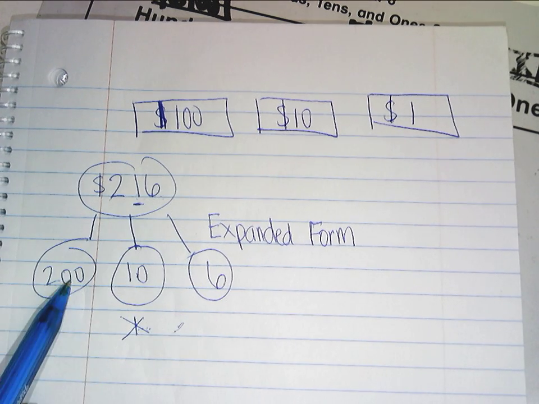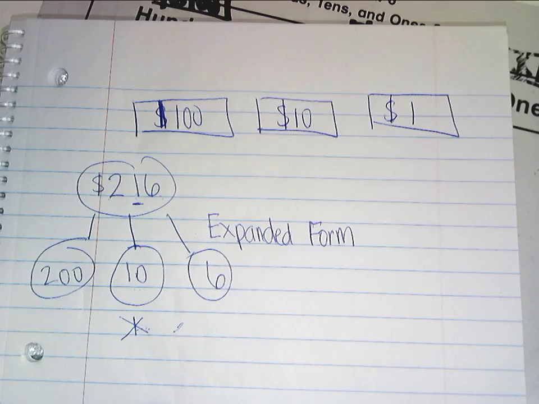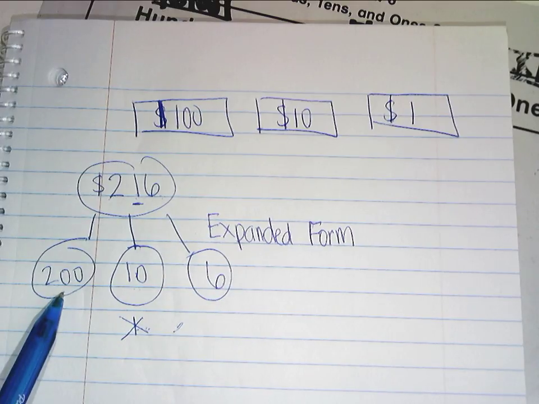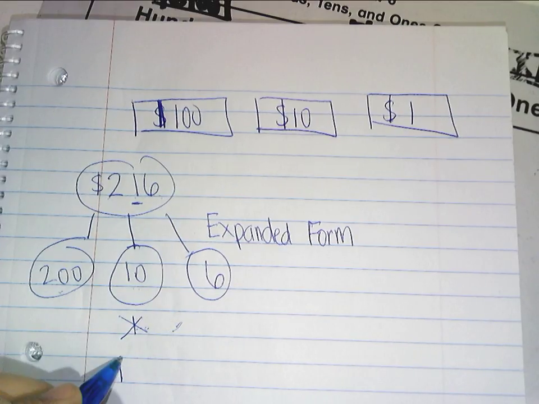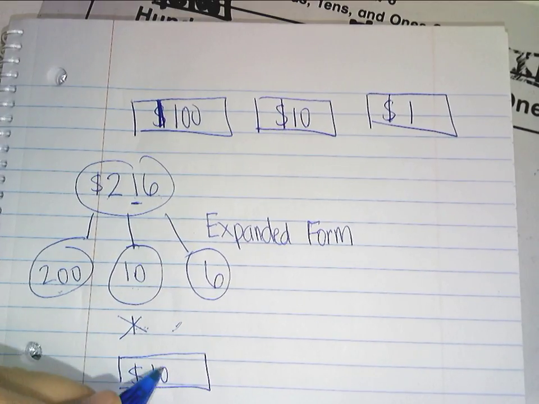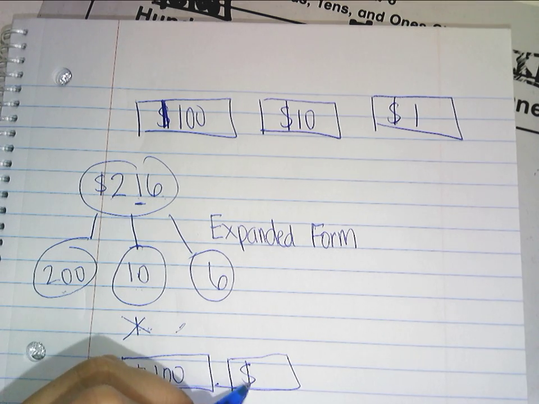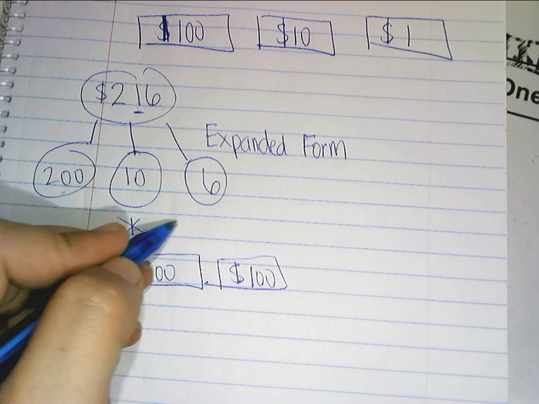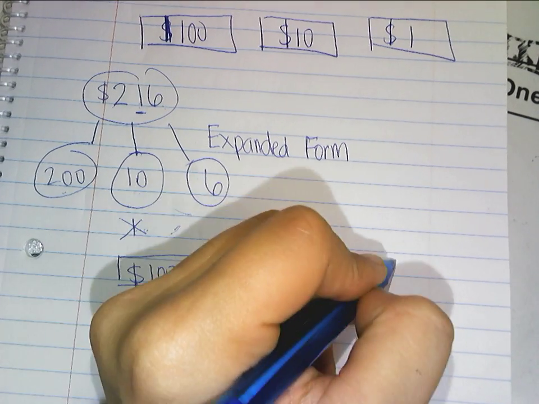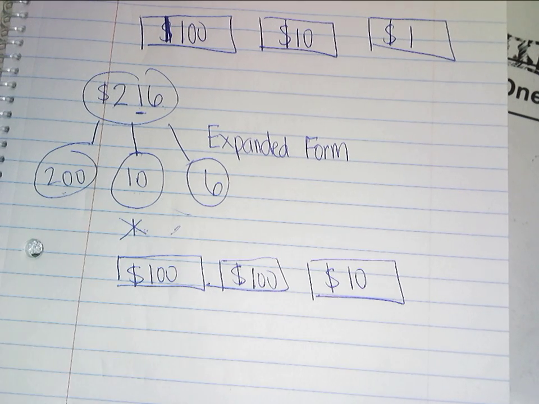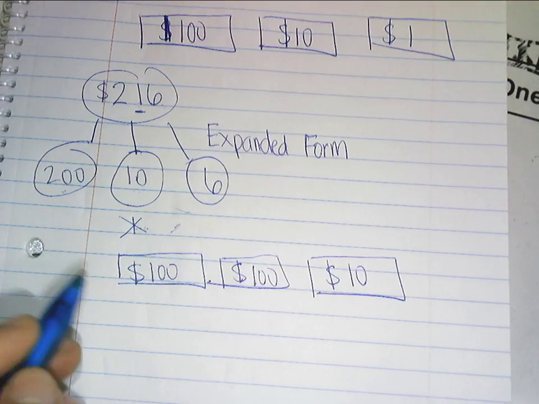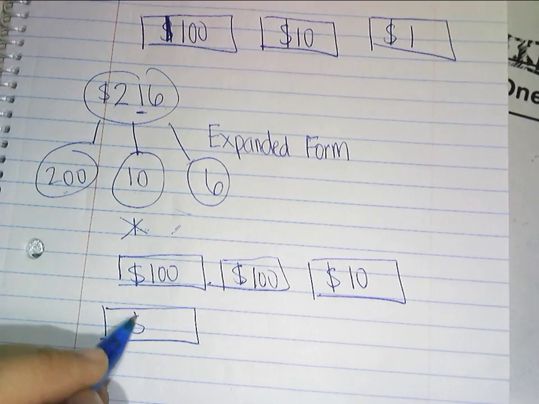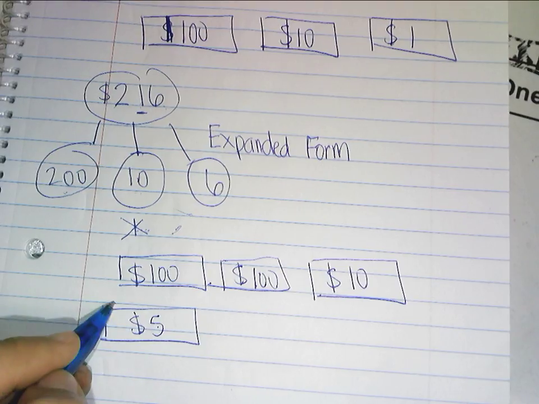So now this will kind of help you know how much of each dollar bill you need to draw. I need 200. So that means I need 2 $100 bills. So here's 1. And here's 2. Now I need 1 $10 bill. Now, since I'm only using ones, you could write a $5 bill, but I don't have $5 bills right now.